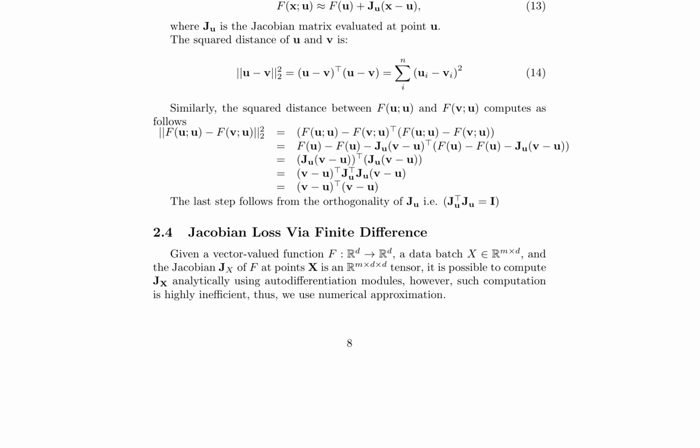The last step follows from the orthogonality of the Jacobian matrix J, i.e., J transpose J equals I. This demonstrates that the transformation preserves the kNN-Graph of the data points. In the next section, the authors discuss the Jacobian loss via finite difference, which is used to compute the Jacobian matrix J of a vector-valued function f at points x using numerical approximation.